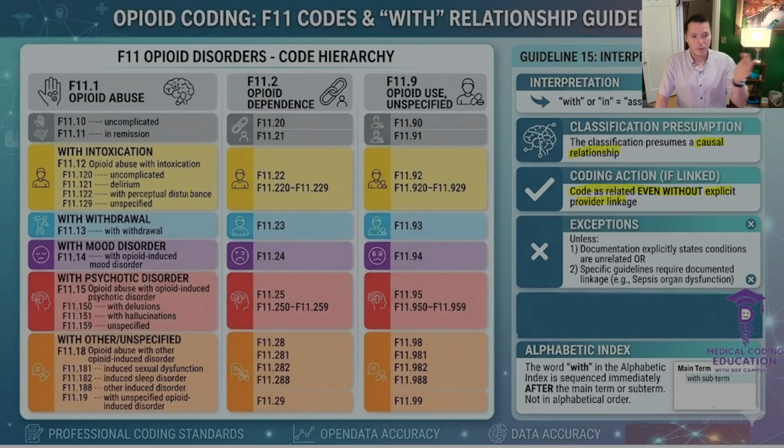So, for example, if you have an opioid addict or an opioid abuser coming in and they're complaining about hallucinations, and we don't know the exact cause of their hallucinations yet, whether or not it's schizophrenia or something like that, it is actually proper to say that they have hallucinations due to their opioids, because we're really not certain at that point and they have a causal relationship.